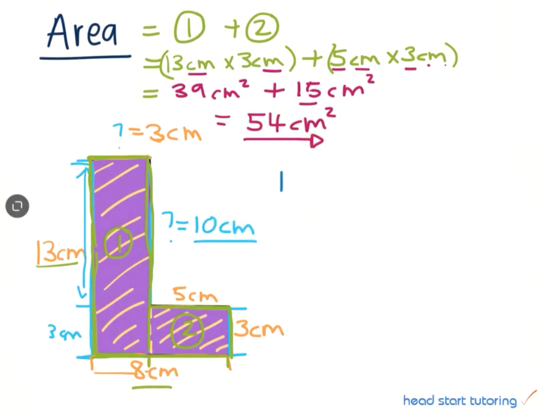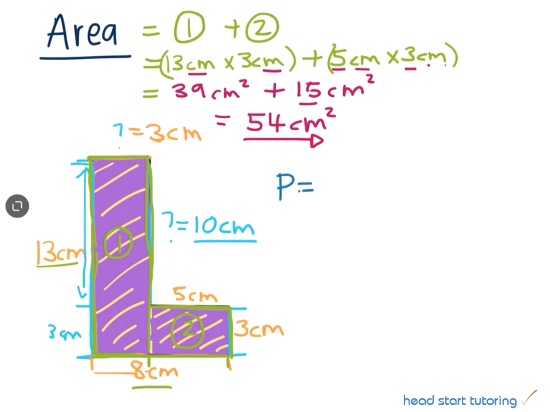Right, let's have a look at the perimeter of this shape. Perimeter, again, what we need to work with is all the outside sides or lines of our shape. So let's just use P so that we've got more space.